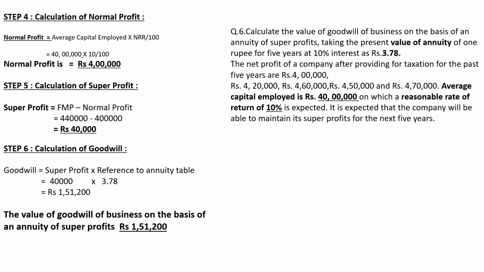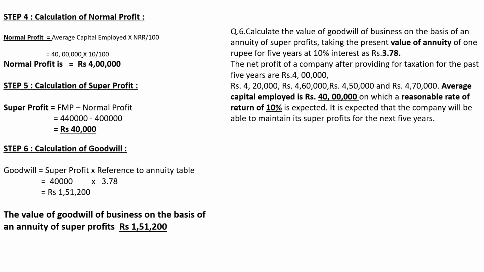So super profit is 40,000 into the annuity table value, that is 3.78, which is given in the problem sum. Directly we have to write here. So 40,000 into 3.78, you will get your answer as rupees 1,51,200. So this is your final answer.